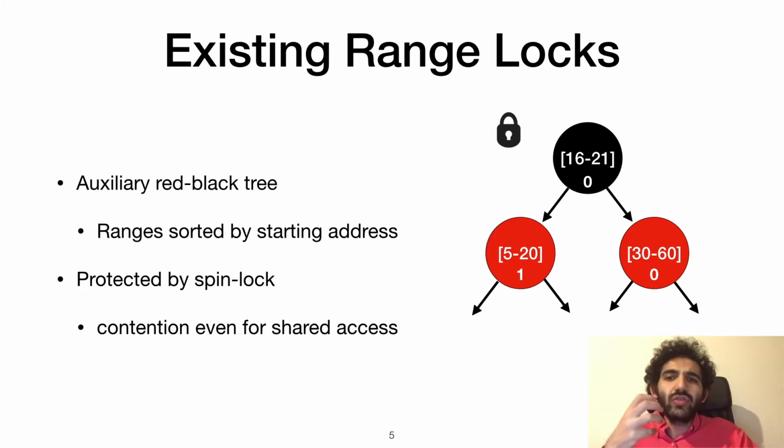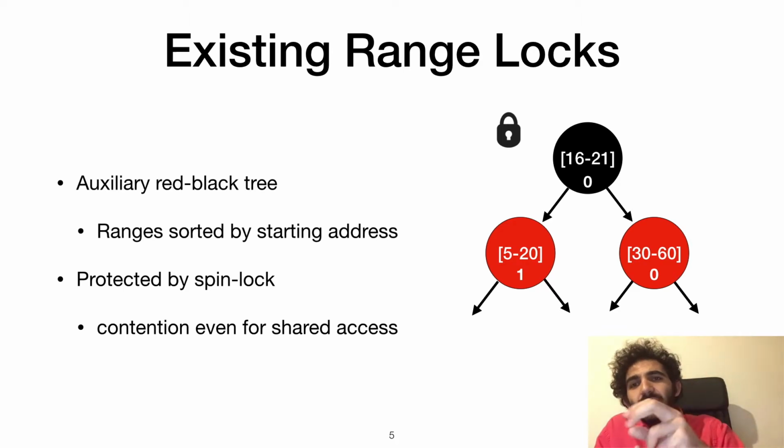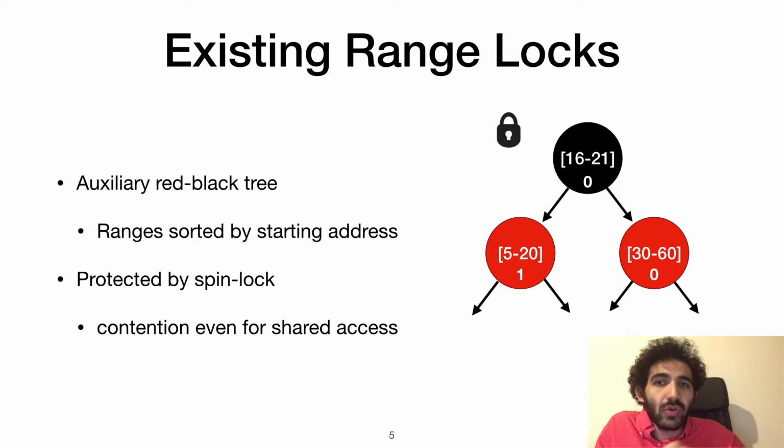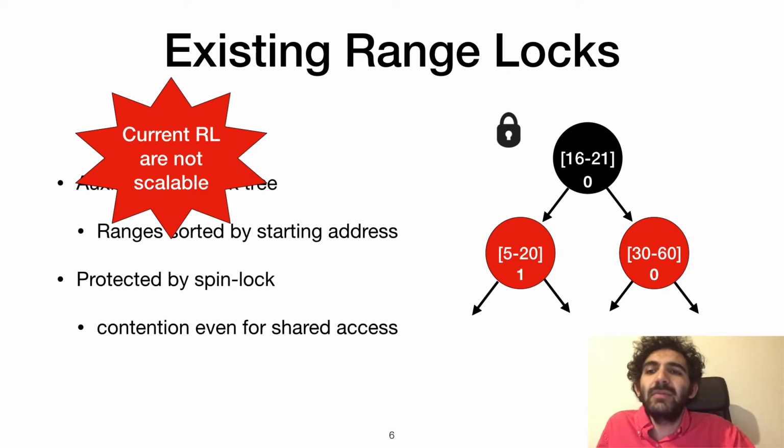For a thread to acquire a range lock, it needs to insert a node into the tree describing this range, its starting point and ending point, and its access mode, whether shared only or exclusive. To synchronize the concurrent accesses to this tree, there exists an internal spin lock, which, with a large number of concurrent range lock acquisitions, becomes a scalability bottleneck in itself.